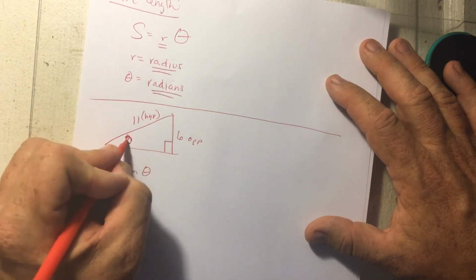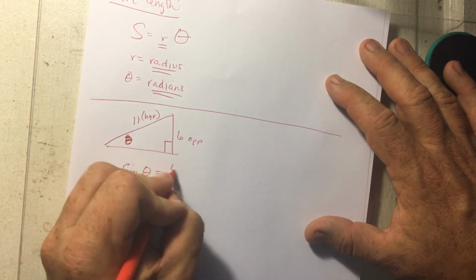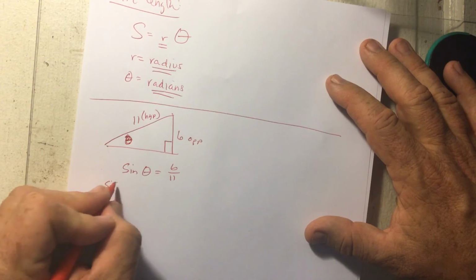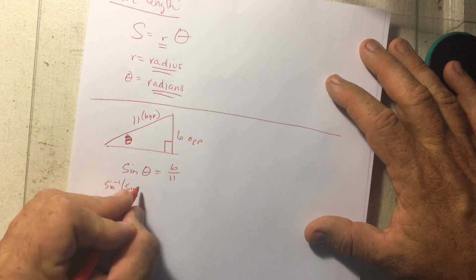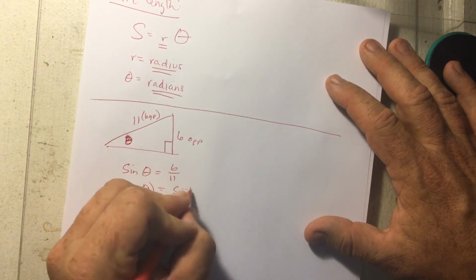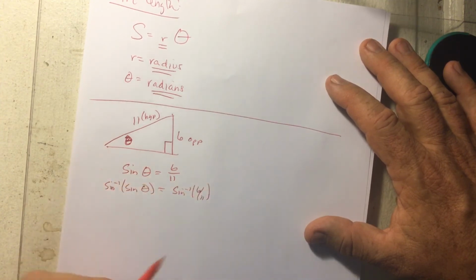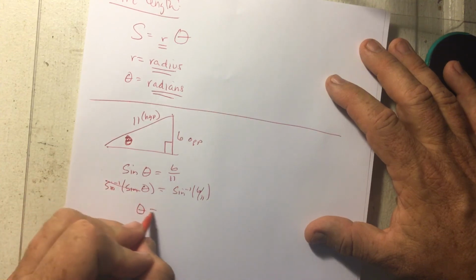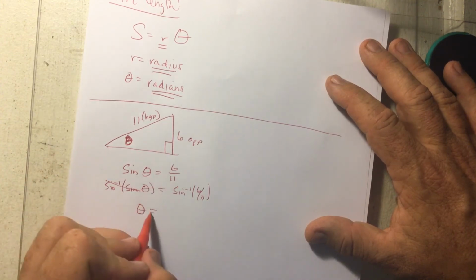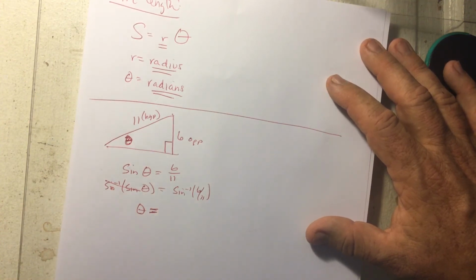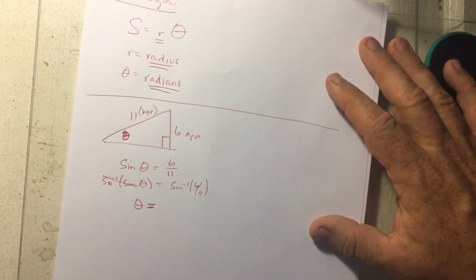We'll call this theta, is equal to 6 over 11. How do I get rid of sine? I take the inverse sine of both sides. And use your calculator to finish that one off. Those cancel. Theta gives me some sort of a degree for the calculator. So don't forget those little pieces.